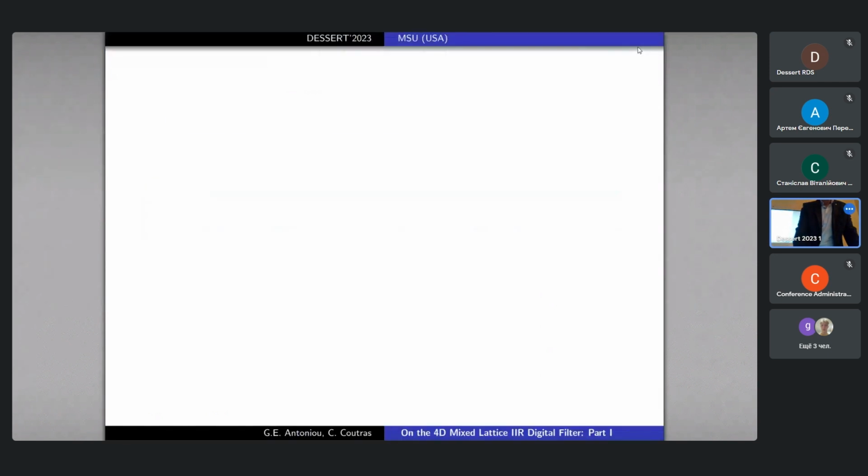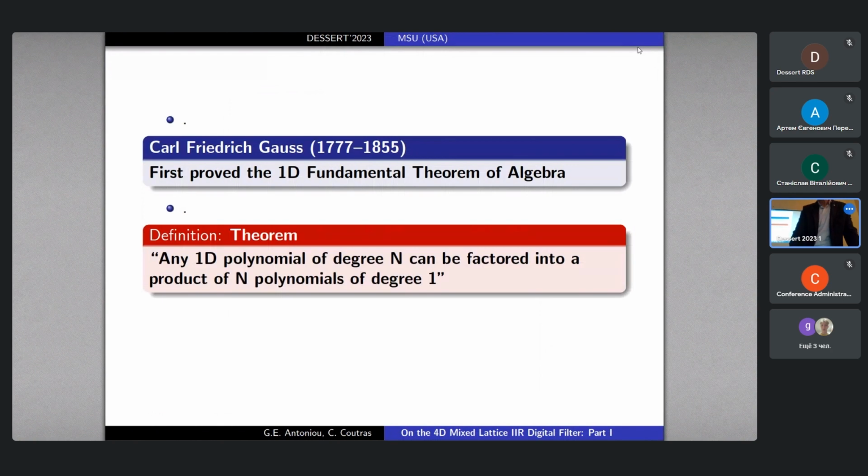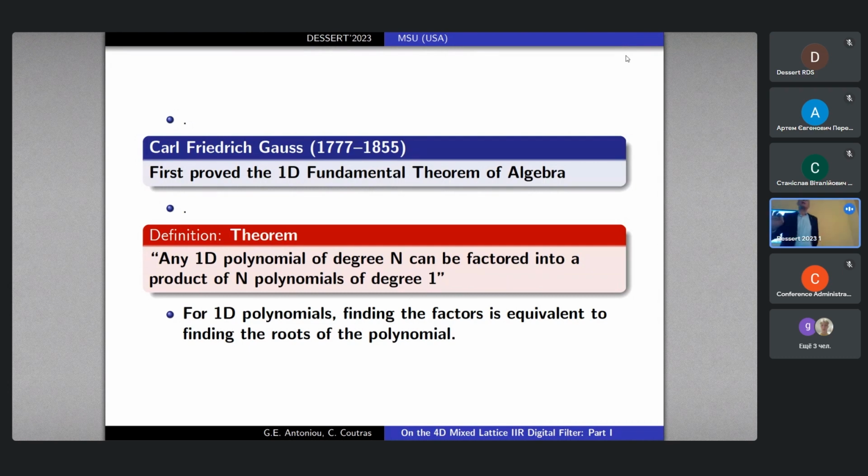Okay, fundamental. It is known from Gauss that a 1D polynomial of degree n can be factored into a product of n polynomials of degree 1. So therefore, we can find roots. But for 1D polynomials, finding the factors is equivalent to finding the roots of the polynomial.